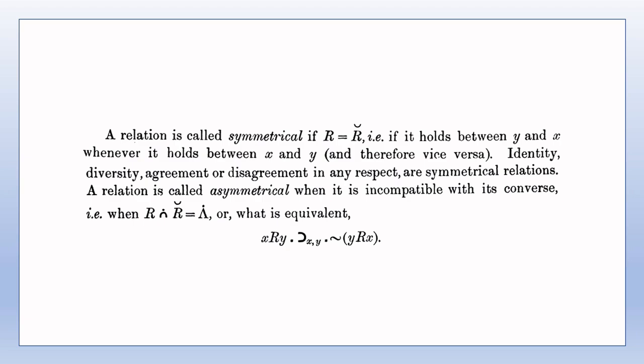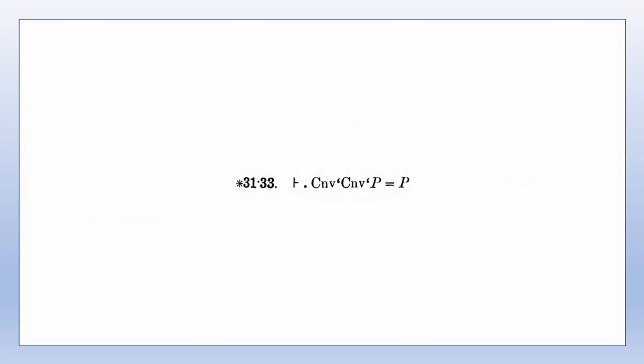A relation is called asymmetrical when it is incompatible with its converse, i.e. when the logical product of the relations R and the converse of R is equal to the null relation, or what is equivalent, xRy formally implies not yRx. Incompatible relations are not relations of different types, since the logical product of two relations of different types would be meaningless.